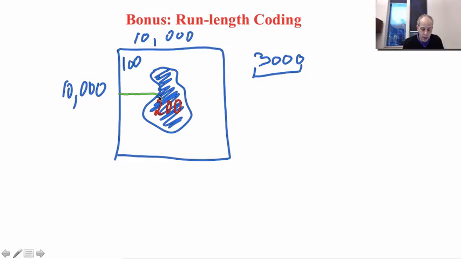Then let's assume there are 1,000 times, again, the value 200. So we put 3,000, then we put 1,000, and we're done, if we assume there was only one object, one transition. If not, we can keep going. So with two numbers, we have encoded the whole row. Then we go to the next one, and we do the same.